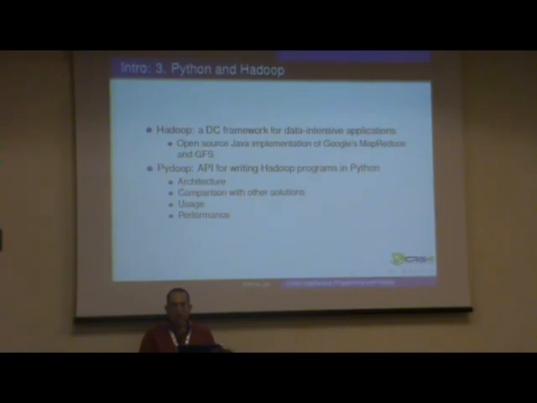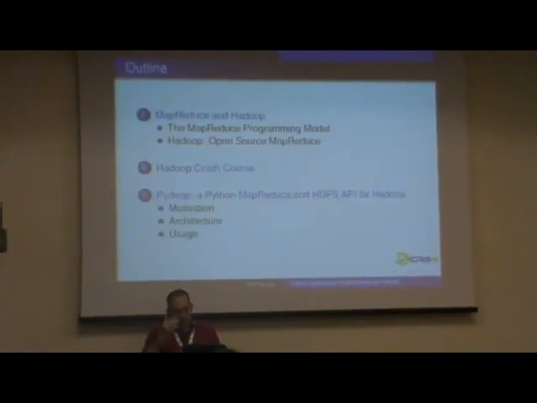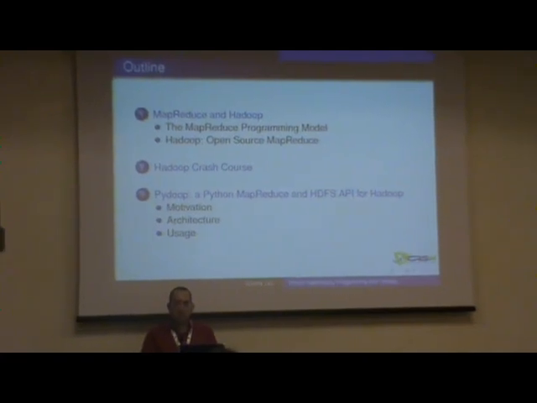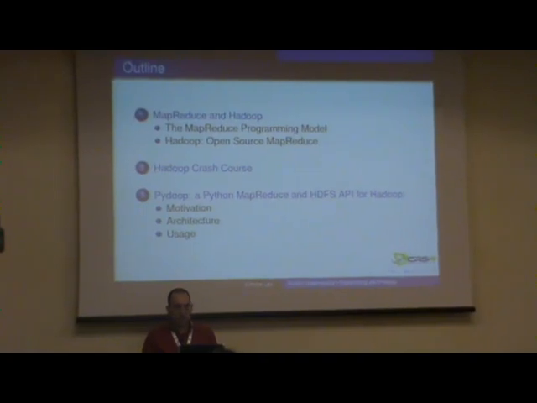Specifically, a package we wrote at CRS4 called Pydoop, which is a Python API for Hadoop. Okay, so here is the outline. We will talk about MapReduce and Hadoop. Then there will be a brief course on how to install, configure, and run examples on Hadoop, and then we will talk about the Python package.